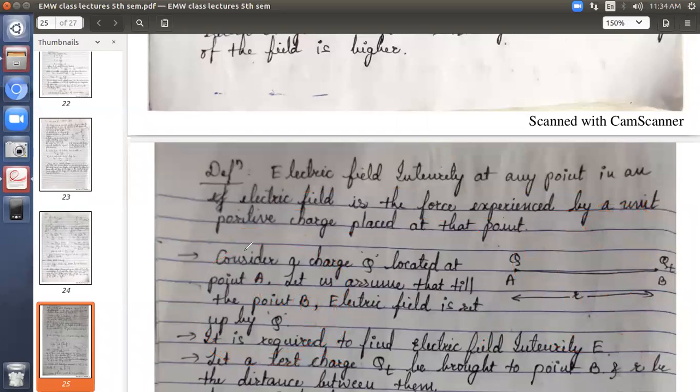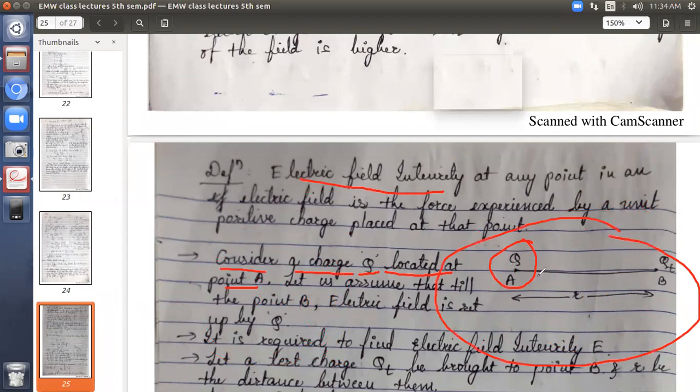In order to find the equation, just like how we did for Coulomb's law, here we will try to find the equation for electric field intensity. For that, let us consider a charge Q located at point A. Don't directly look into this picture. We will go one by one. Observe what I am depicting and marking on the screen.